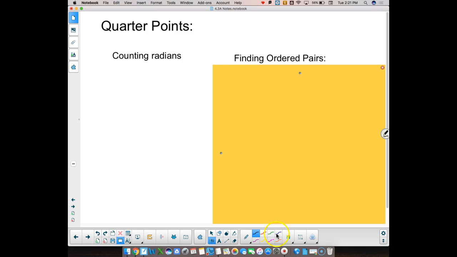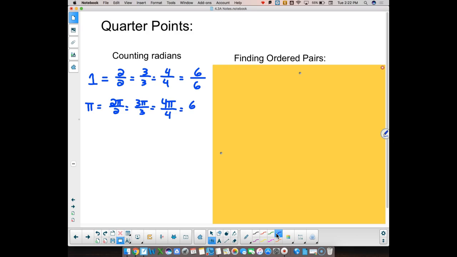So what I want to refresh your memory about is that 1 is also equal to 2 over 2, 3 over 3, 4 over 4, and 6 over 6. Right? Which means that pi is equal to 2 pi over 2, 3 pi over 3, 4 pi over 4, and 6 pi over 6.